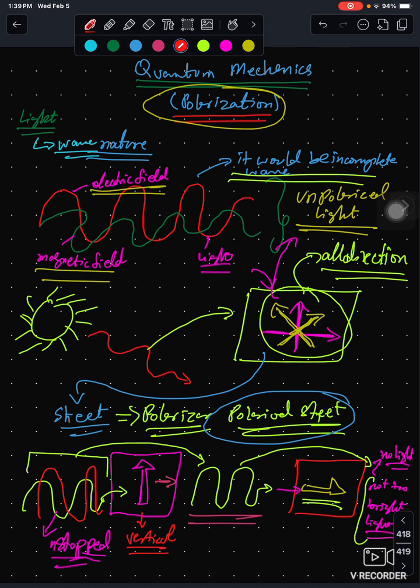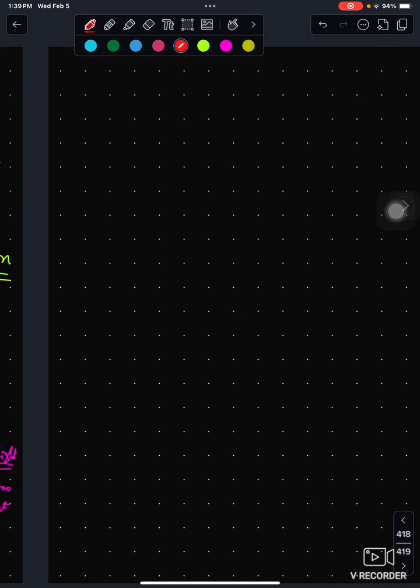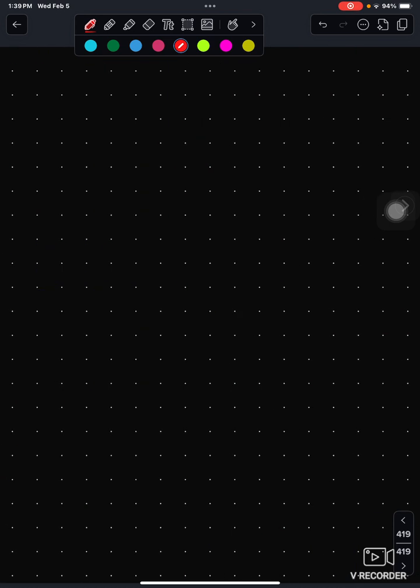So here's the use of polarization. Now imagine we have a lake. It's a practical application of polarization, and this is one way we can also polarize light. Imagine this is a lake and we have fish in it.